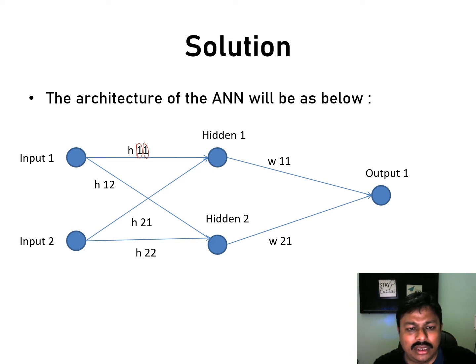Here you see it is 1, 2: the 1 is the input number and the 2 gives hidden node 2. In the case of the other one, this is input 2 towards hidden node 1, so it becomes 2, 1. And this is input 2 towards hidden node 2, so it becomes 2, 2. Here 1 is hidden node 1.